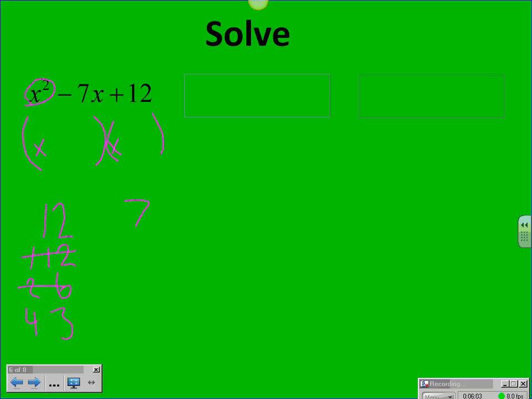And look, 4 plus 3 equals 7. Yay! You go, Taylor! So you have to place your digits, and since it's a negative and a positive, you would have a negative and a negative.